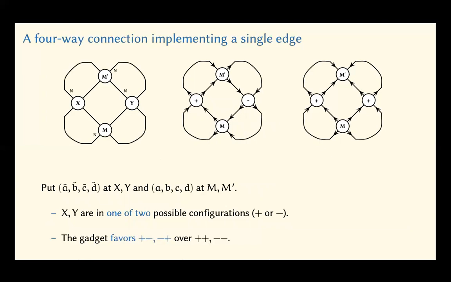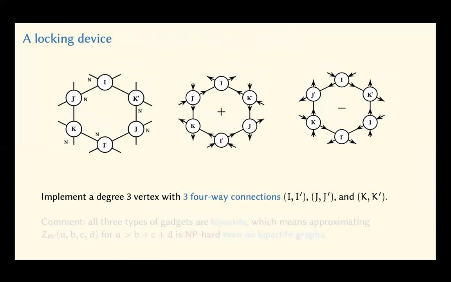And because A is larger than D, and this m and m prime can only be of weight A or of weight D, we can use this gadget to make sure that it favors plus minus or minus plus on the x and y over plus plus or minus minus. So this implements a single edge in the max cut problem using a four-way connection.